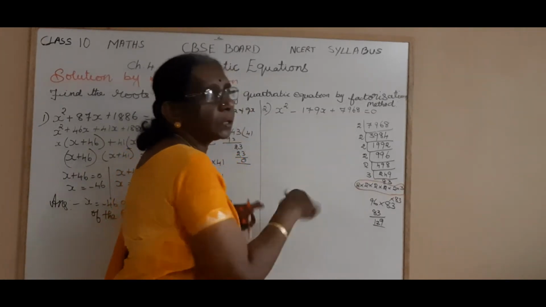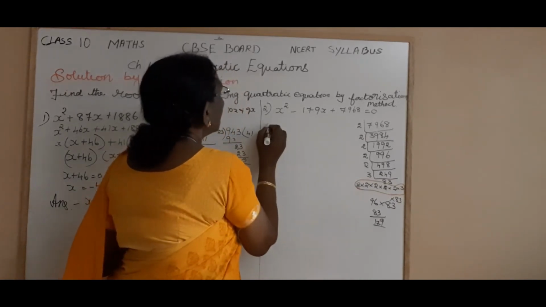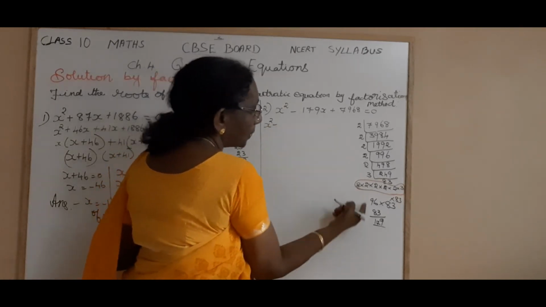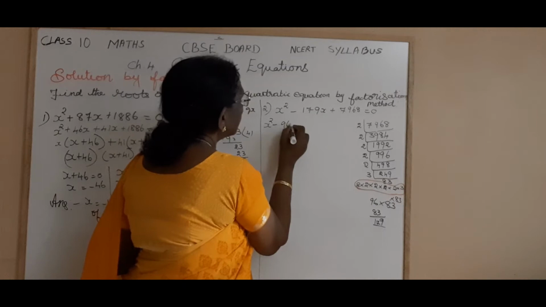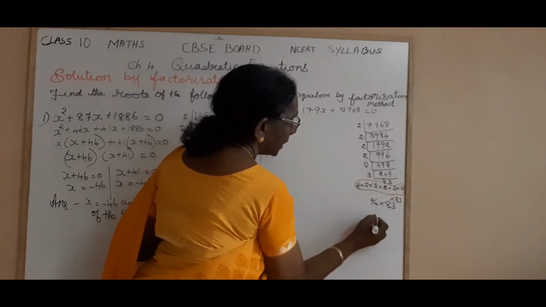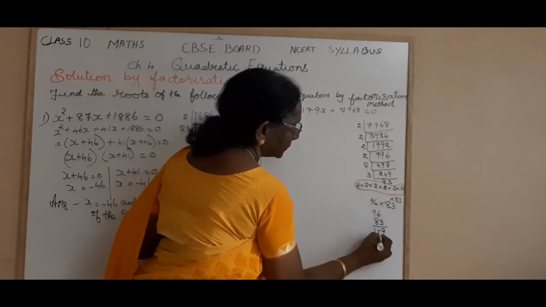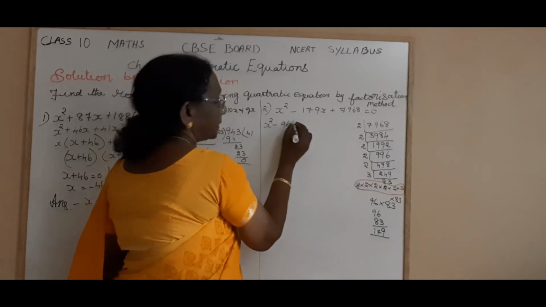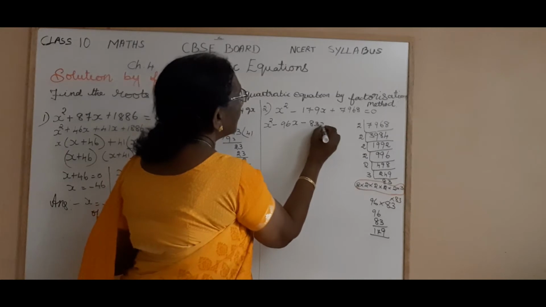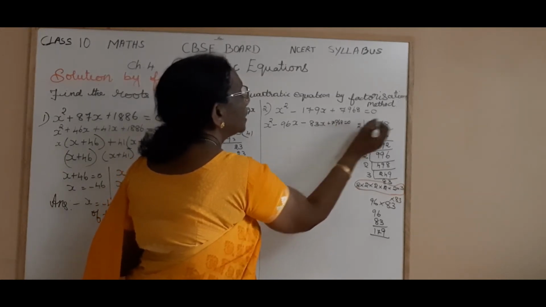Okay, so now you do the usual factorization, that is splitting the middle term and factorize. So x squared minus, both should be negative, so minus 96x minus 83x plus 7968 is equal to 0.